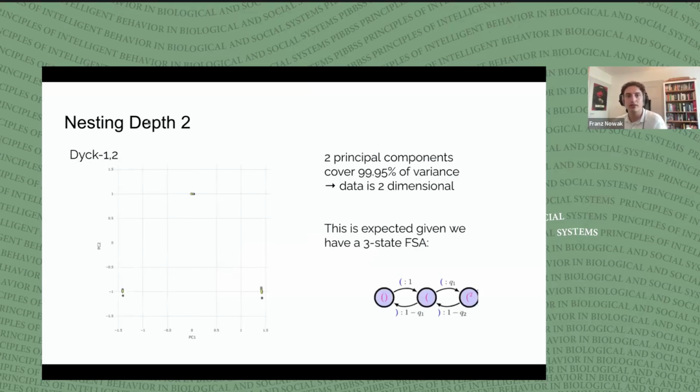So if we look at nesting depth 2, which means that we have 3 states, and we perform PCA on the residual stream activations, we actually get these 3 clusters, which very nicely fit into this 2-dimensional picture, where basically all of the variance is contained in these 2 dimensions.